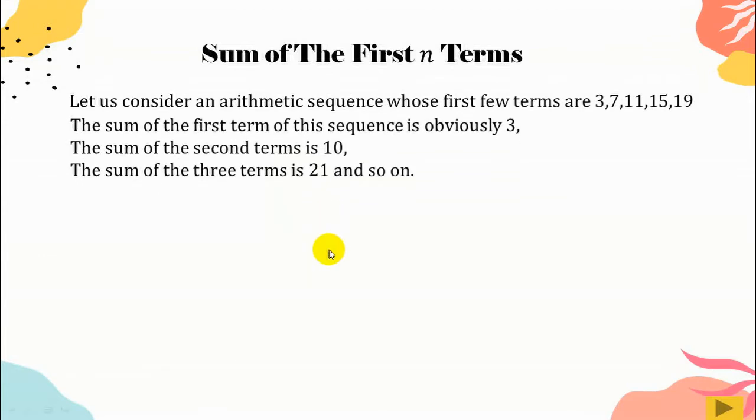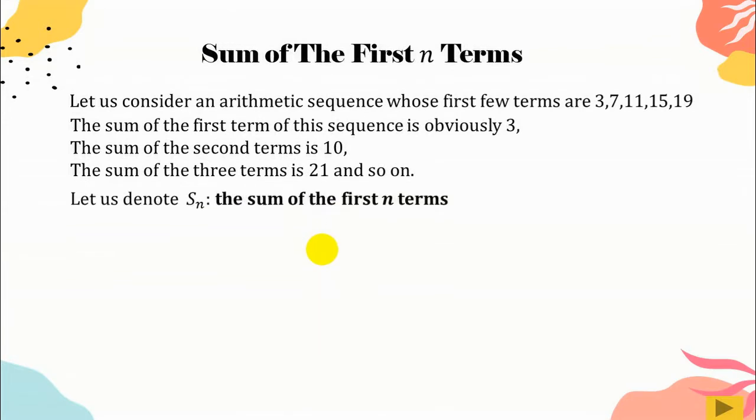And then we are curious, what is the sum of the first term? Obviously 3, right? And the sum of the first two terms is 10. Why is it 10? Because 3 plus 7. And then the sum of three terms is 3 plus 7 plus 11, and so on.